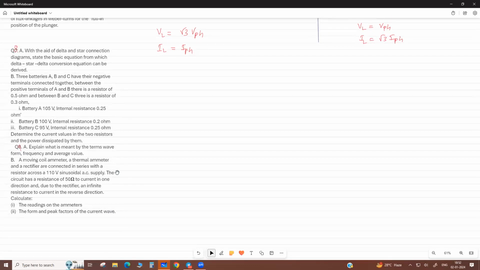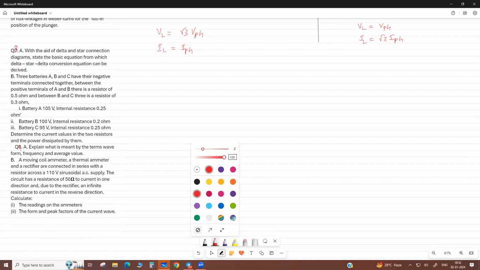Now one is the battery circuit numericals. It was also asked in your examination, 8B.